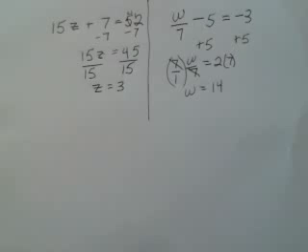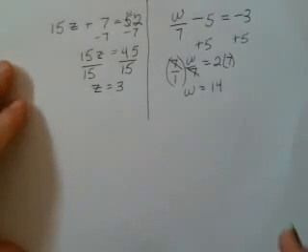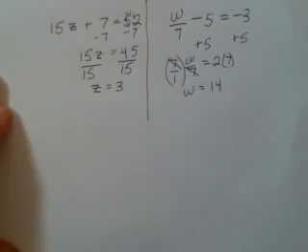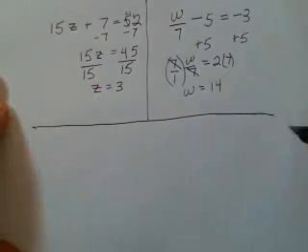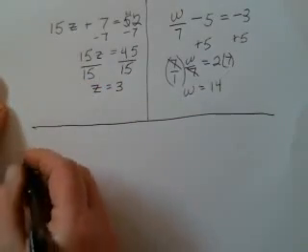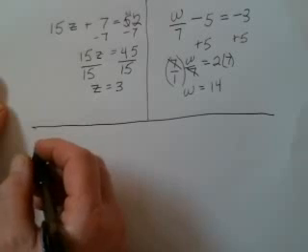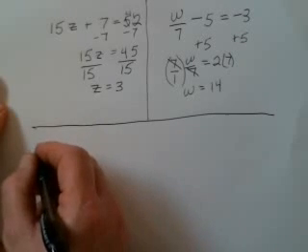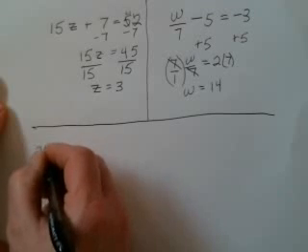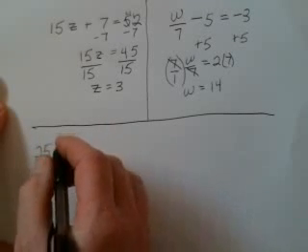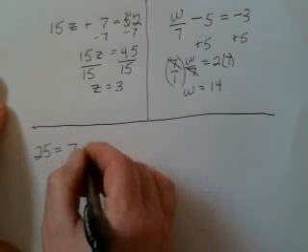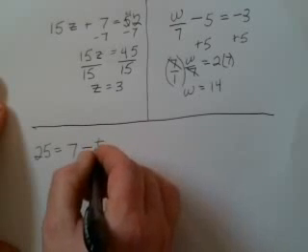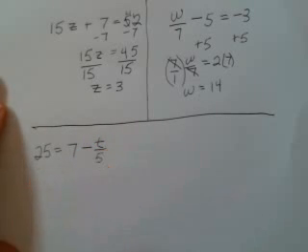Let's do another one here. I'm going to do one down. I'll draw a line here. I'll do one here. This is 25 is equal to 7 minus t over 5.